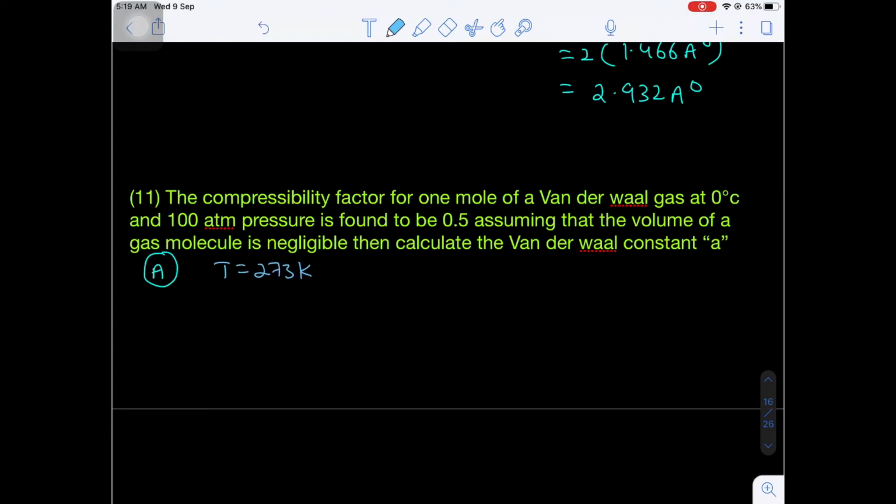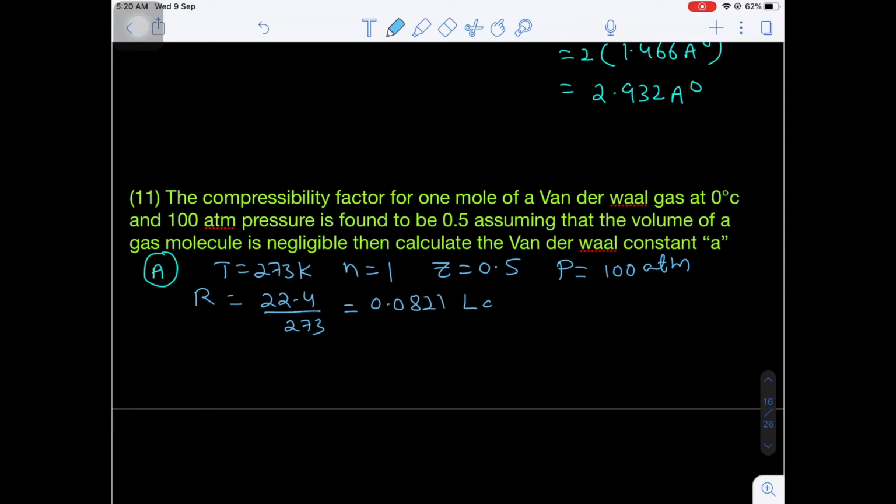Number of moles of real gas is 1, compressibility factor given is 0.5, and pressure of the real gas is 100 atmospheres. Next, what is the capital R value here? 22.4 by 273, otherwise you can take 0.0821 liter atmosphere mole inverse Kelvin inverse.